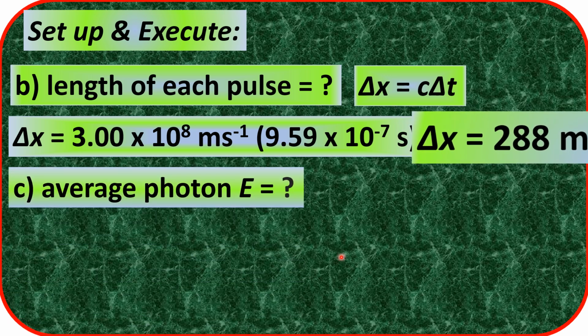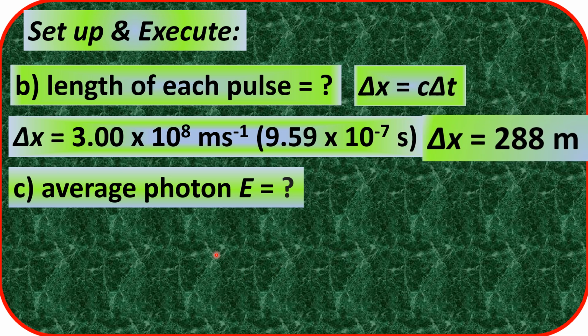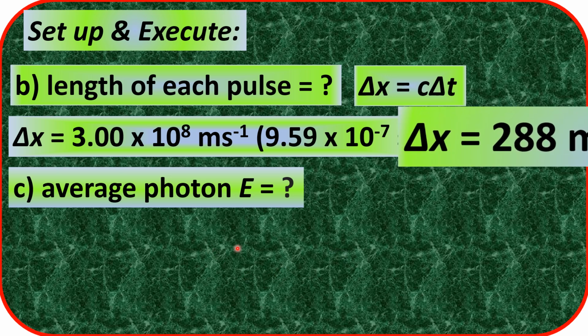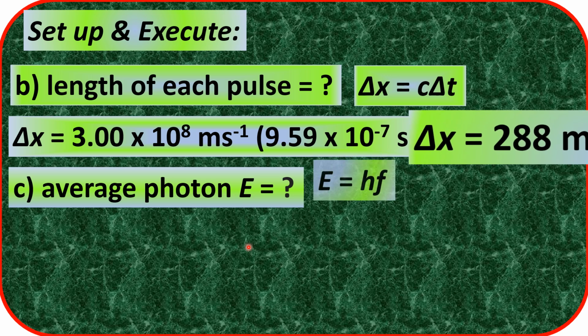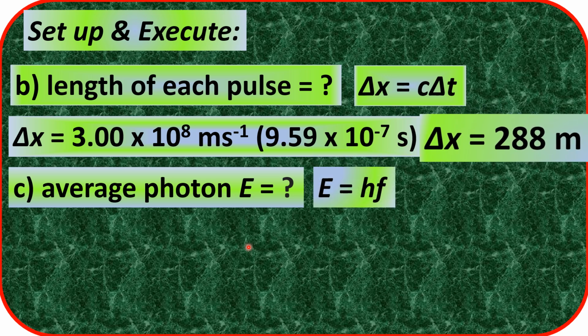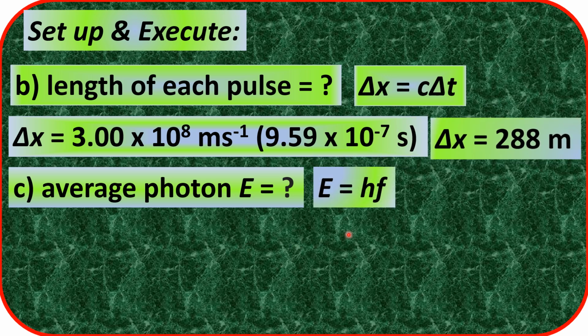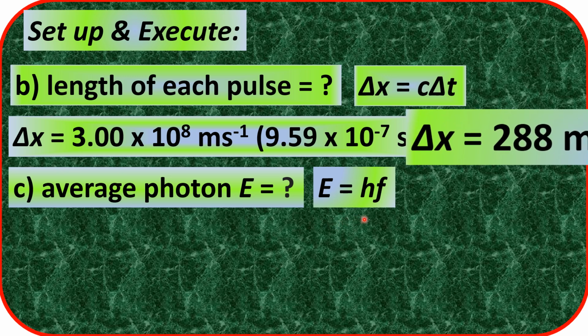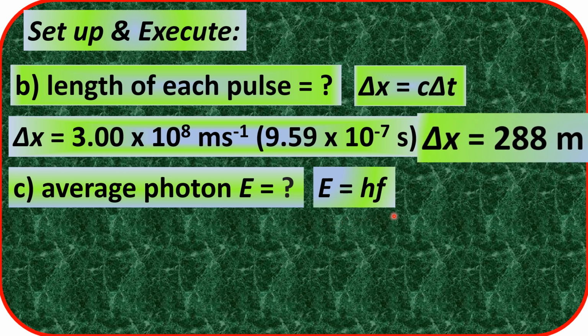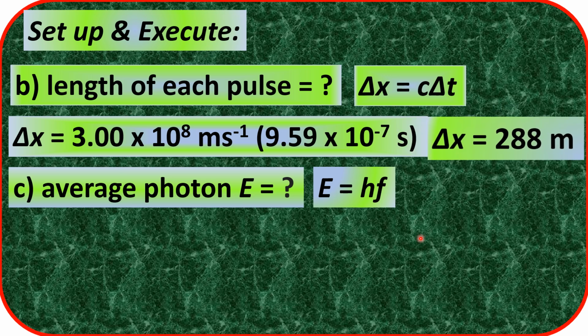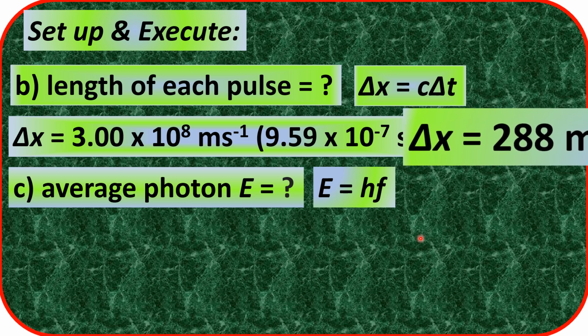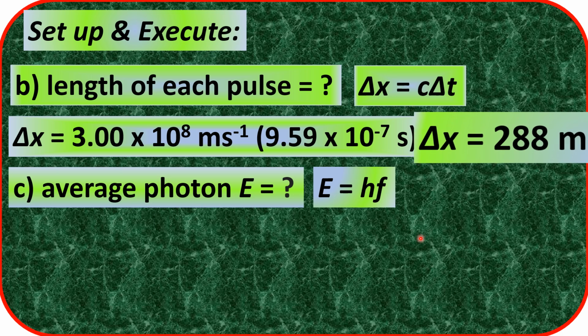For the third target variable, the average photon energy, we use the relation energy is equal to Planck's constant multiplied by the frequency f.